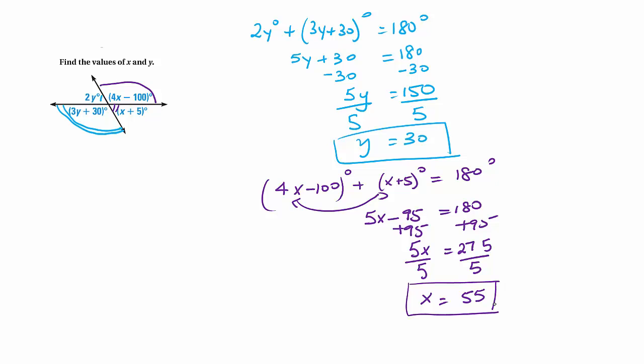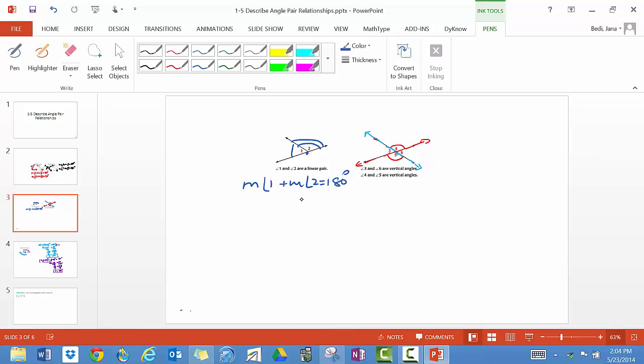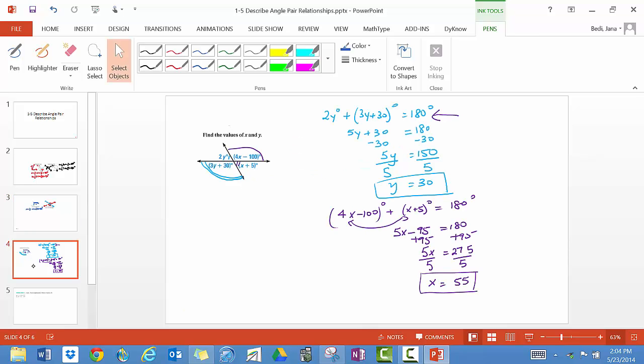Now, just as a check, I'm going to plug y back in here. 2 times 30 is 60. Let's see if I can get back to my slide. Oh, right there. So let's do a check on this one.